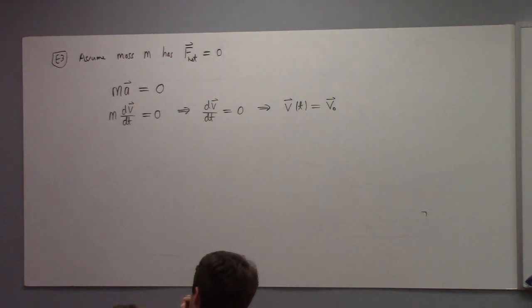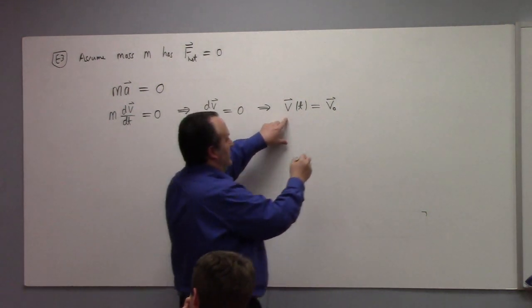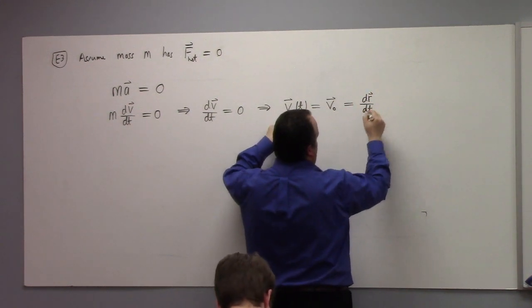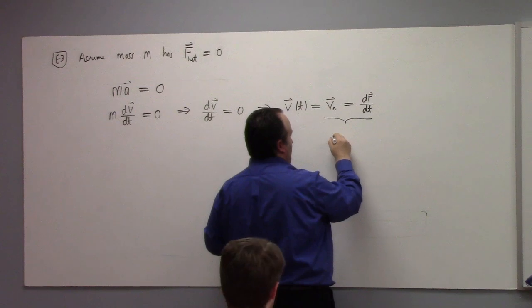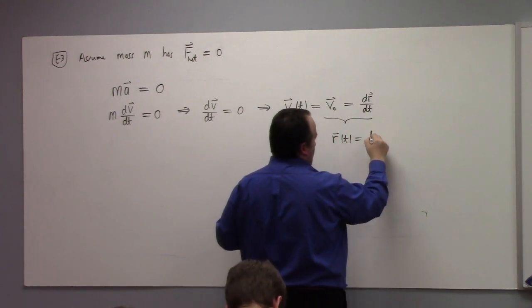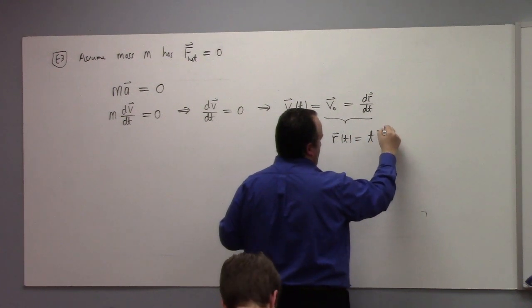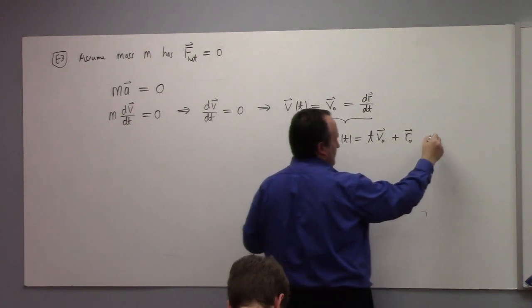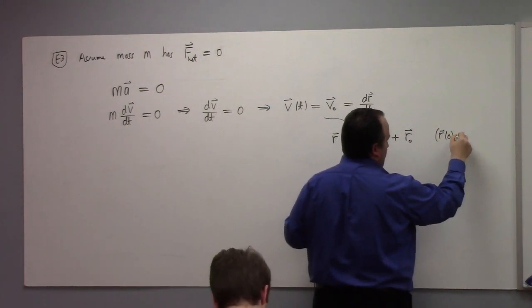So then what? v is dr/dt. So if I integrate this, what do I get? r of t is time times v naught, plus the initial position r naught. You can check it: r of 0 is equal to r naught, right?